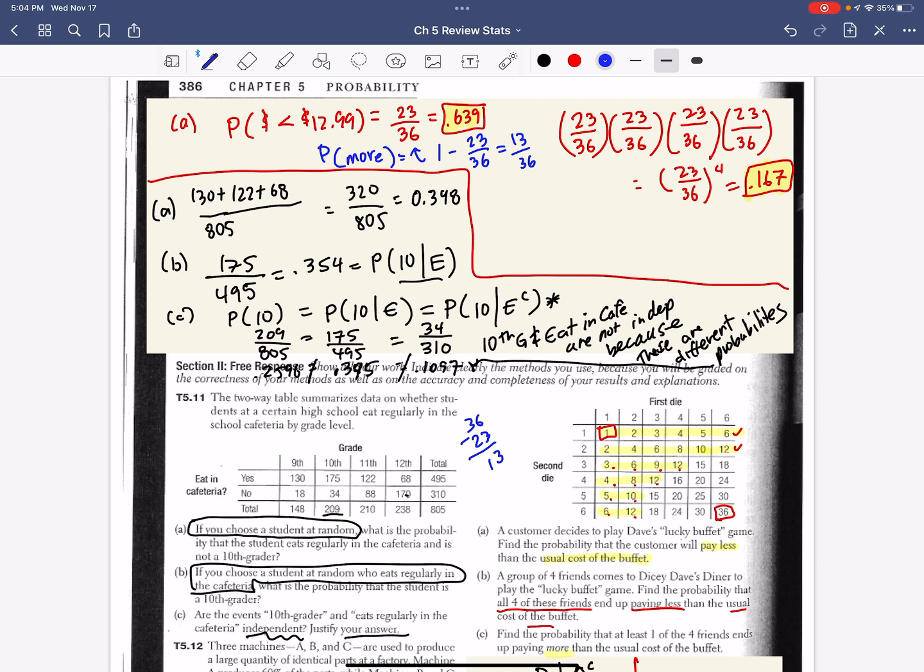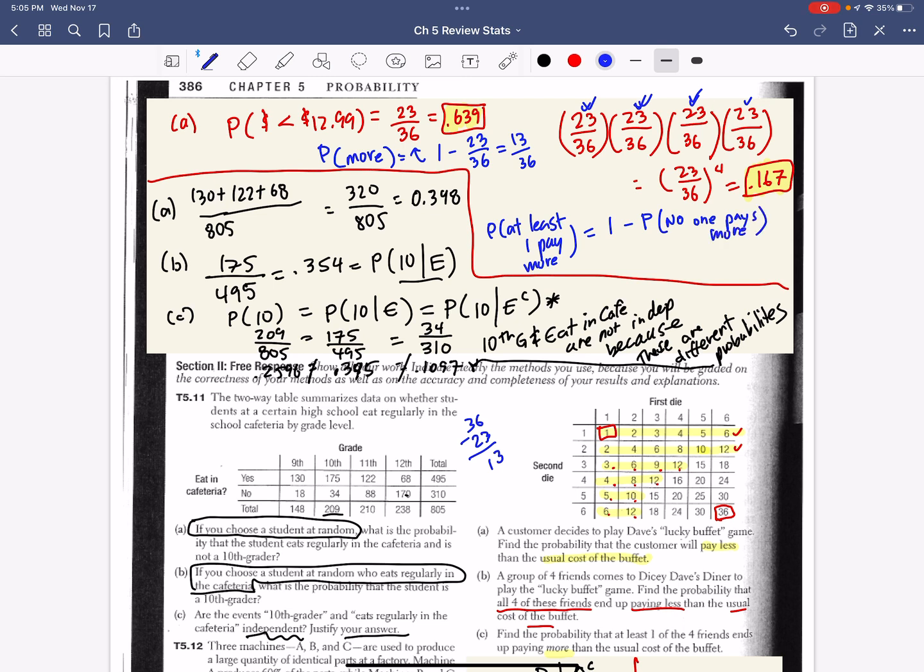So it says, what's the probability at least one pays more? Okay, that could be the first person pays more, or the second person pays more, or the third, or the fourth, or maybe the first and the second pay more, or maybe the second and the third pay more, right? It's too many possible outcomes to add up. So we want to say that the probability of at least one pays more is equal to one minus the probability of no one pays more.